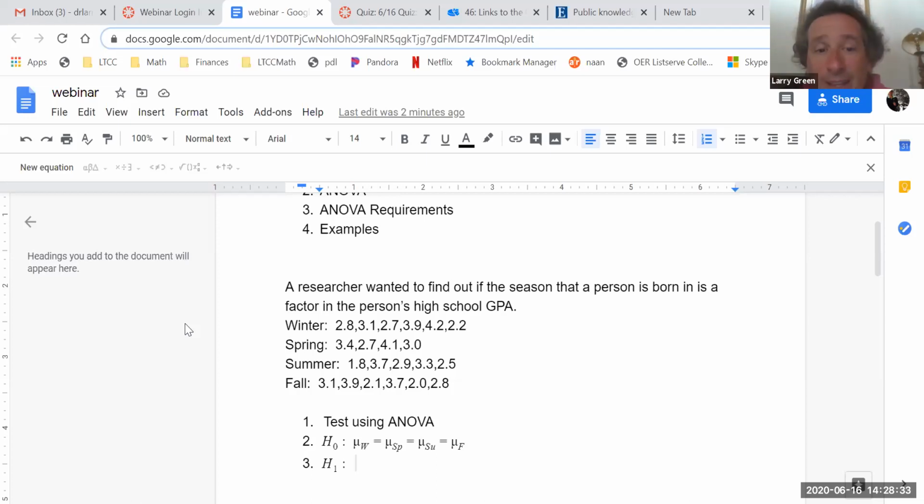And the way you can write the complement of they're all the same is at least 2 of the population mean GPAs differ by season born.